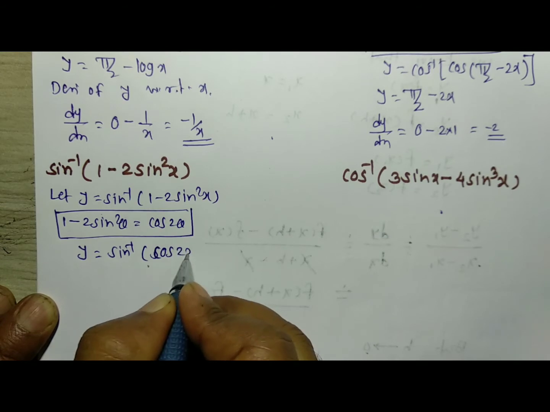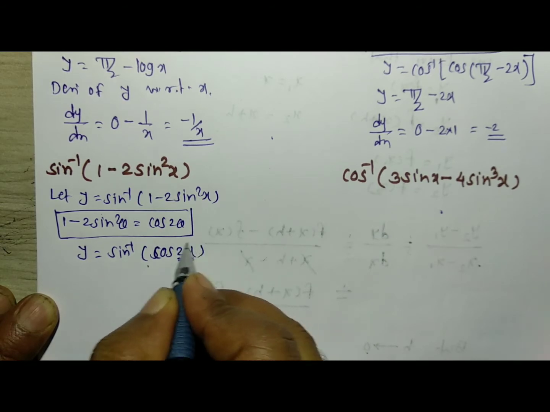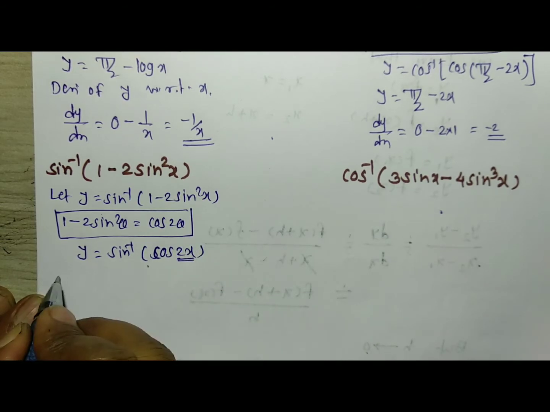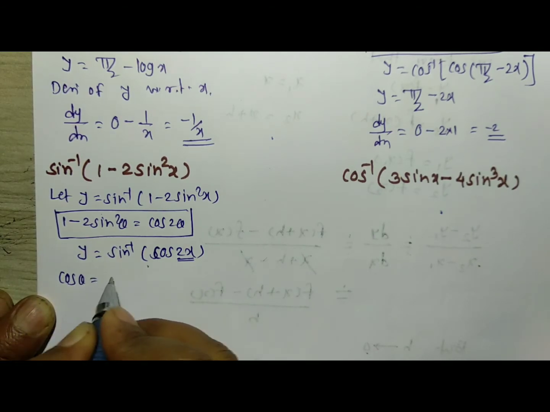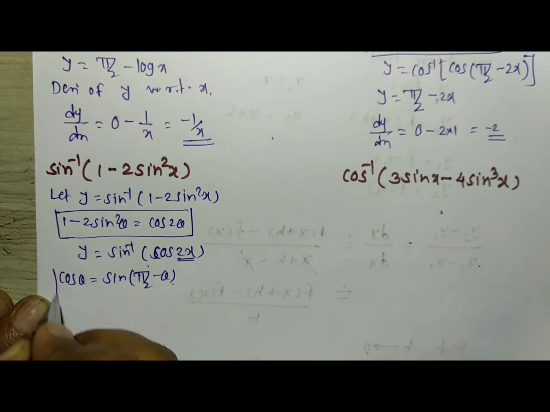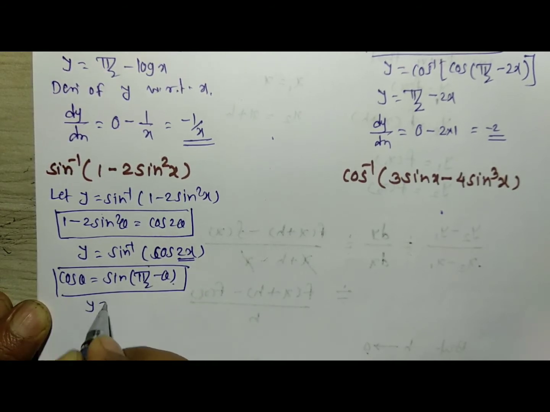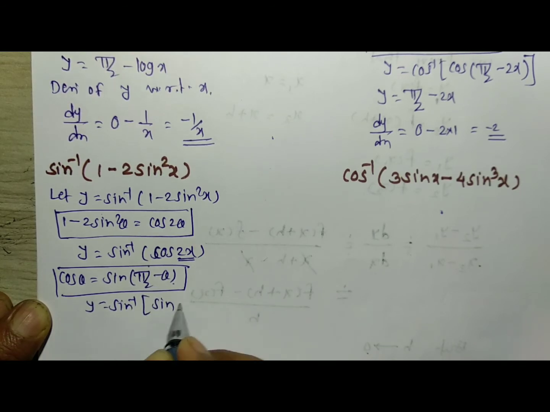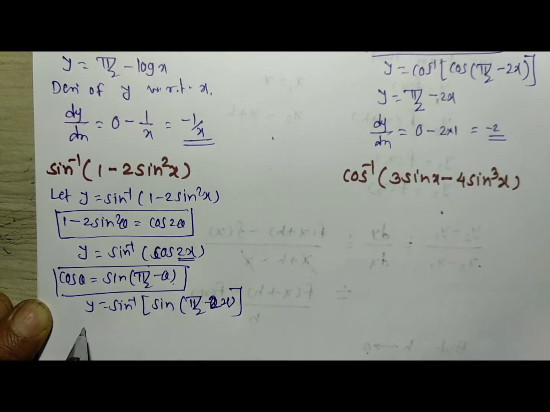cos 2x, and once again 2x works as theta. By putting cos theta equal to sine of pi by 2 minus theta, you will get y is equal to sine inverse, inside the bracket sine of pi by 2 minus 2x. Sine and sine inverse cancel each other, so y is equal to pi by 2 minus 2x.